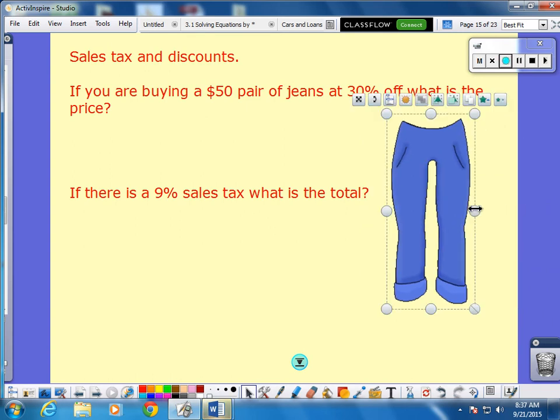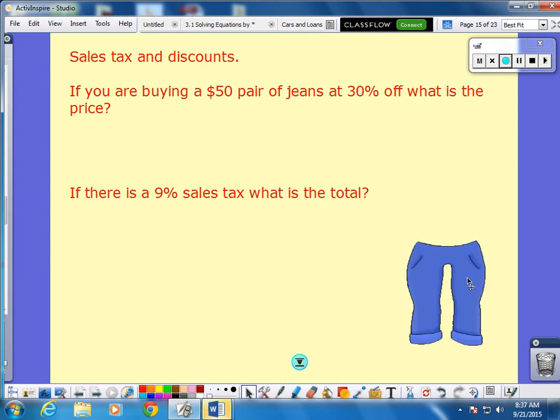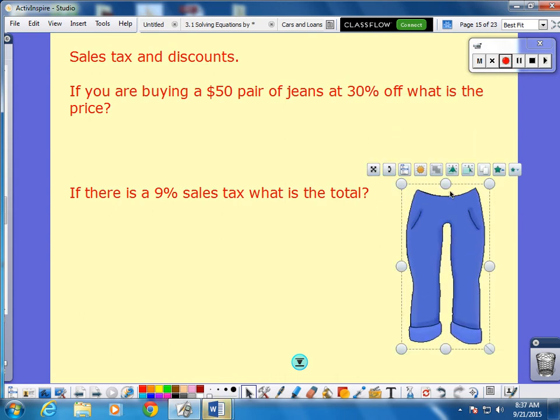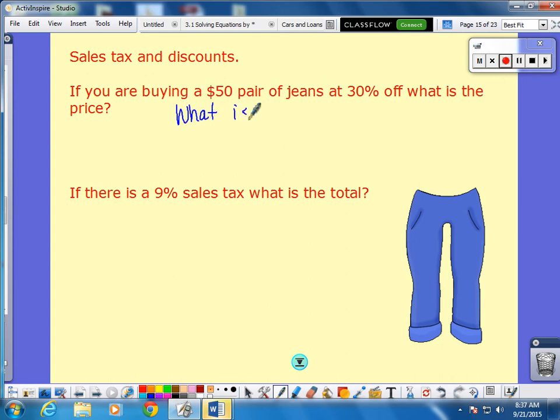If they're 30% off, how much are we left with? 70% left, okay? So what's 70% of 50? 0.70 times 50 would be, how much would the jeans be? $35.